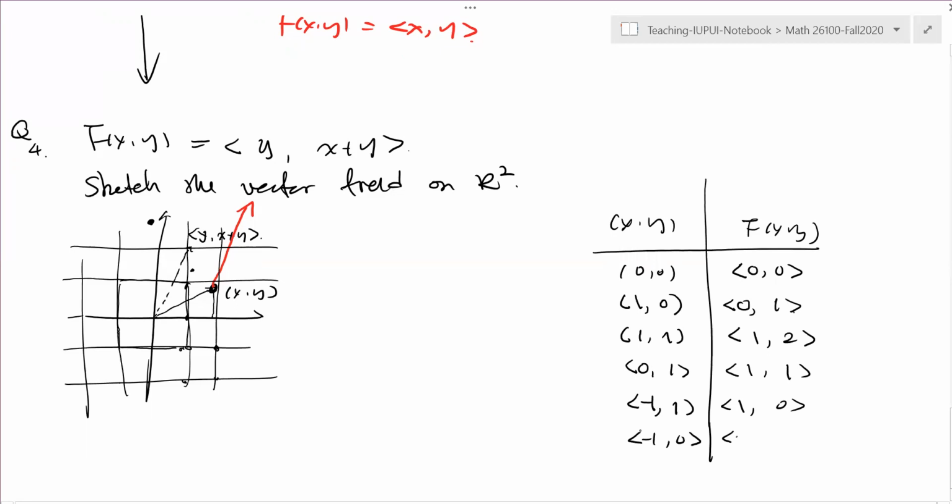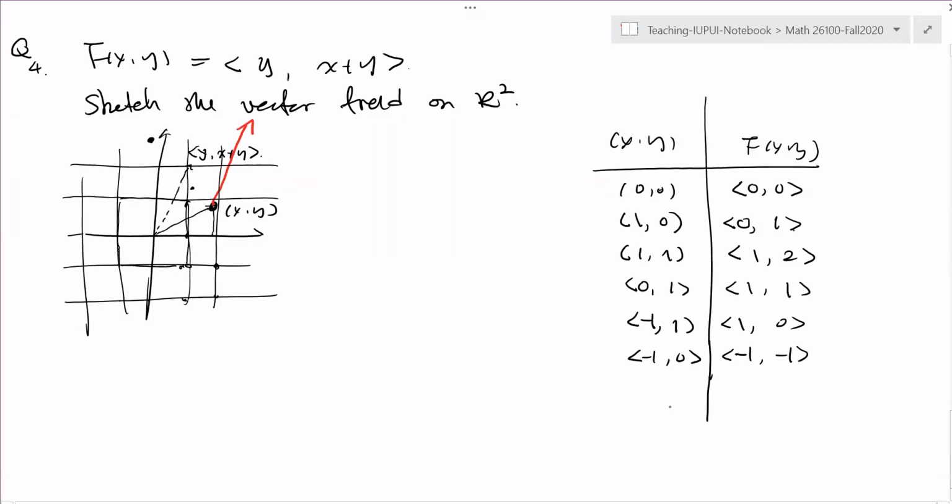When x is 0, y is negative 1, I get negative 1, negative 1. And finally, x is negative 1, y is negative 1, that's negative 2, so I get negative 1, negative 2. I think I should have 0, negative 1 as well. In total, how many points here? 1, 2, 3, 4, 5, 6, 7, 8. I have to have 8.